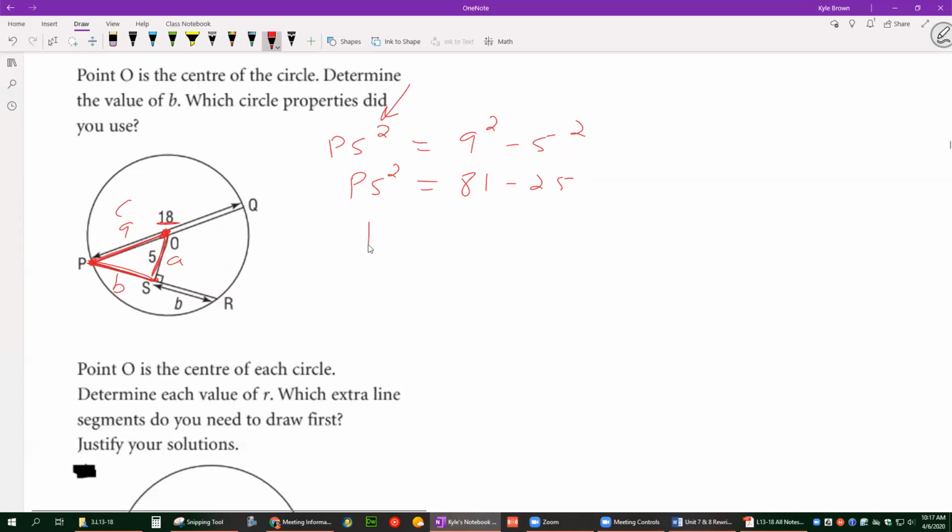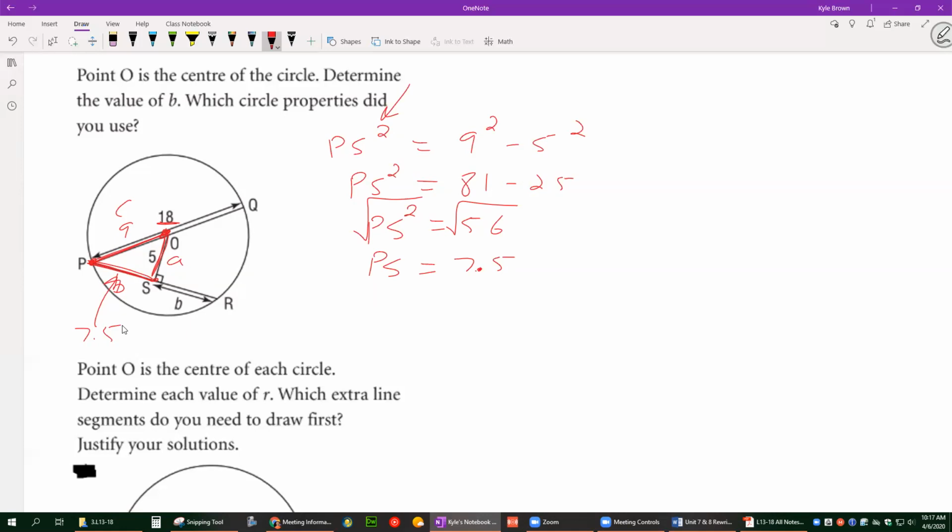So we've got PS squared is equal to 56. Does that make sense? And then, very last thing, we take the square root of both sides. So PS is equal to the square root of that, 7.5. So PS is equal to 7.5. And then we've really done it.